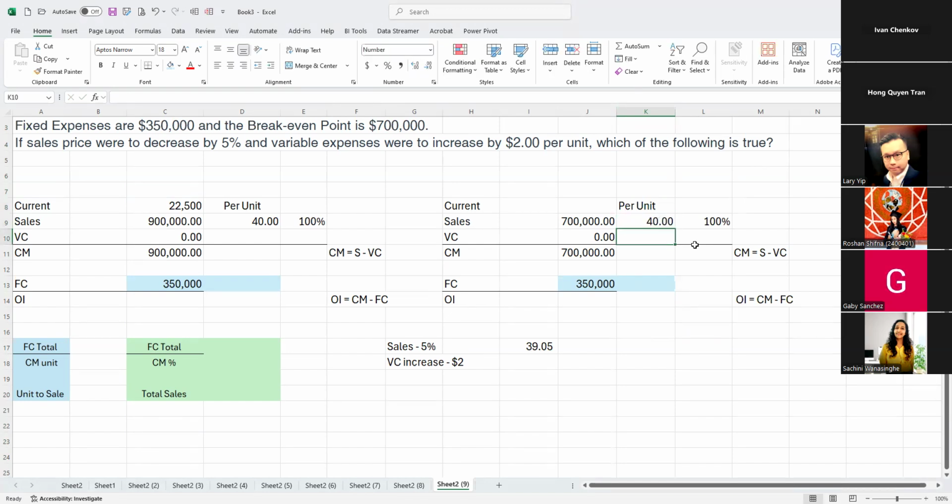Are you guys with me? Yes, sir. How much is my contribution margin then at the break-even? If here I'm zero, how much is my contribution margin? 350,000. So 350,000. Do I know how many units I'm selling on the break-even now?